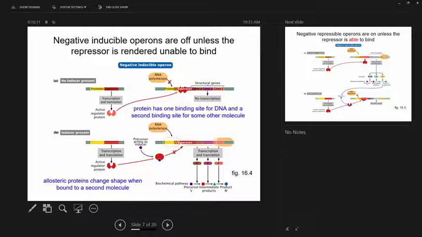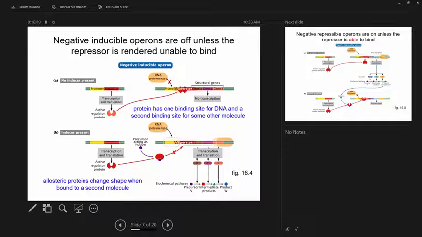You can see here, this protein has 2 different binding sites, 2 different domains. The first domain right here is a DNA binding domain, so that is able to bind the operator sequence. Under normal conditions, the repressor is bound to the operator sequence and the gene is turned off because by occupying this position, RNA polymerase is prevented from binding to the promoter and transcription can't happen.